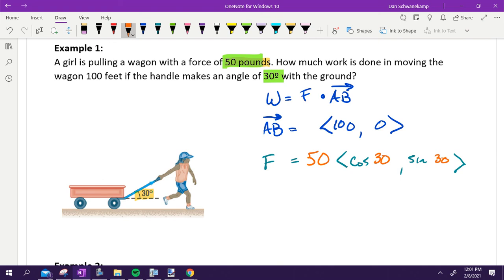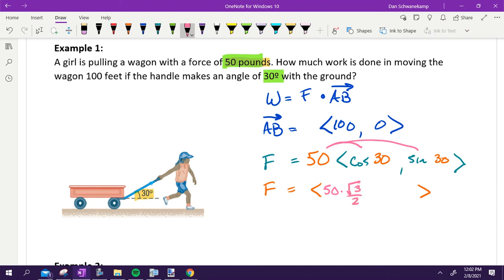We would rather rewrite this thing in the normal form. So boom, boom. What would I need to do with this 50? Distribute. So I'm going to distribute. So it's going to be 50 times cosine of 30. We don't necessarily need to use a calculator at this point. We can do this without it. What is cosine of 30 going to get me?